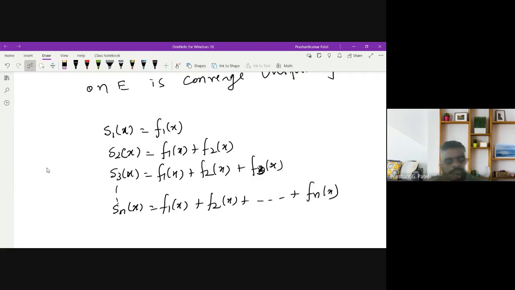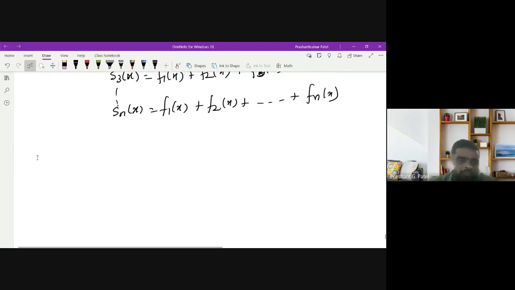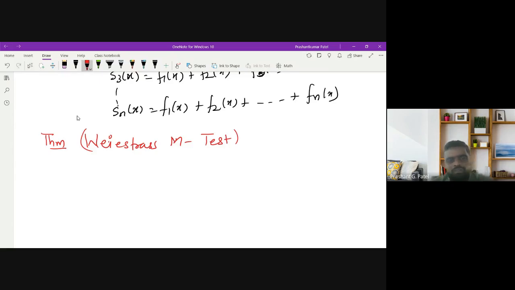That theorem is called the Weierstrass M-test. It is the test to check whether the given series is uniformly convergent or not. Let us write the statement for this.